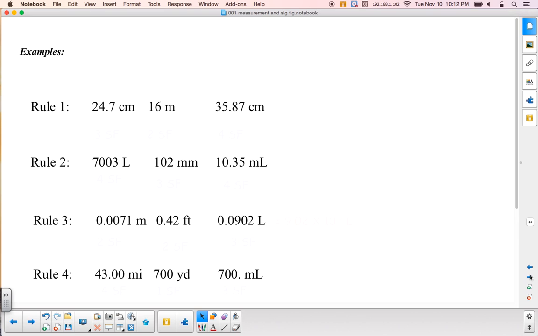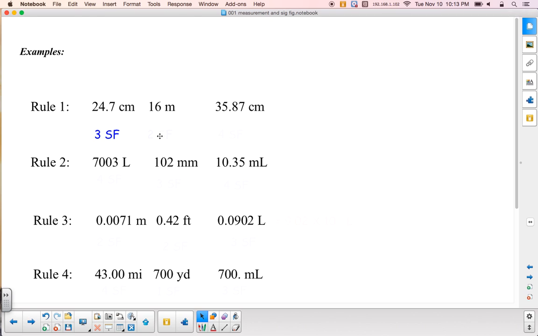Rule 1 is a very simple rule. It says that all non-zero digits in a measurement are significant. So the measurement 24.7 centimeters has 3 significant figures. We know exactly the 2 and the 4, and the 7 is an estimated digit. The significant figures in a measurement are all the numbers that are known for certain, plus one estimated digit.